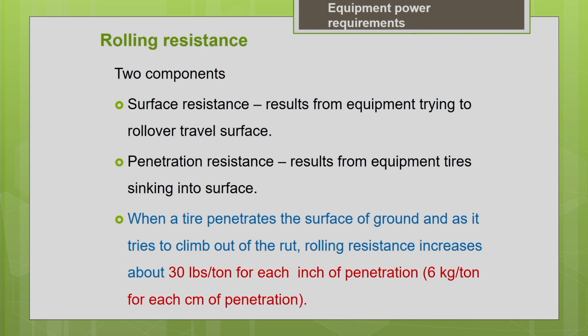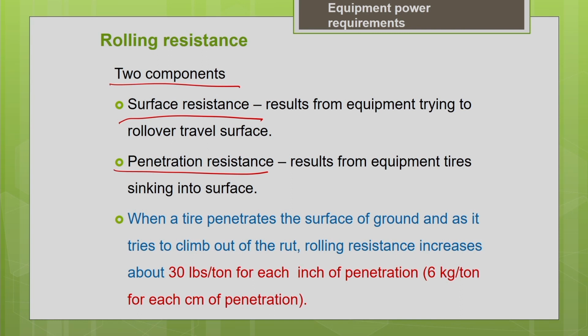So, what are the two important components of the rolling resistance? One is the surface resistance, the other one is the penetration resistance. You can break this rolling resistance into two components. One is at the surface: the resistance encountered when the wheel is rolling over the surface, that is surface resistance.